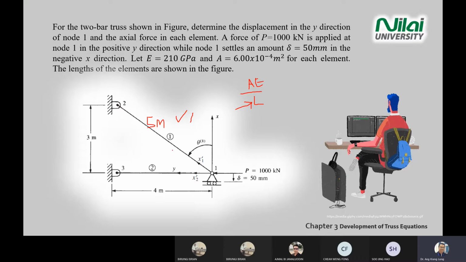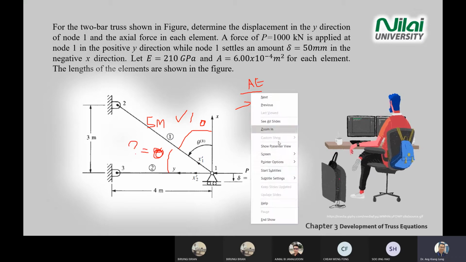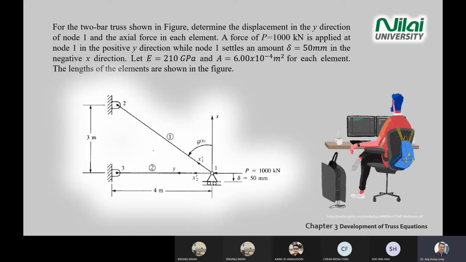Then the second one is the angle theta here, because you know the height of this one and this one. Chia, can you help us find what is the theta of this one?